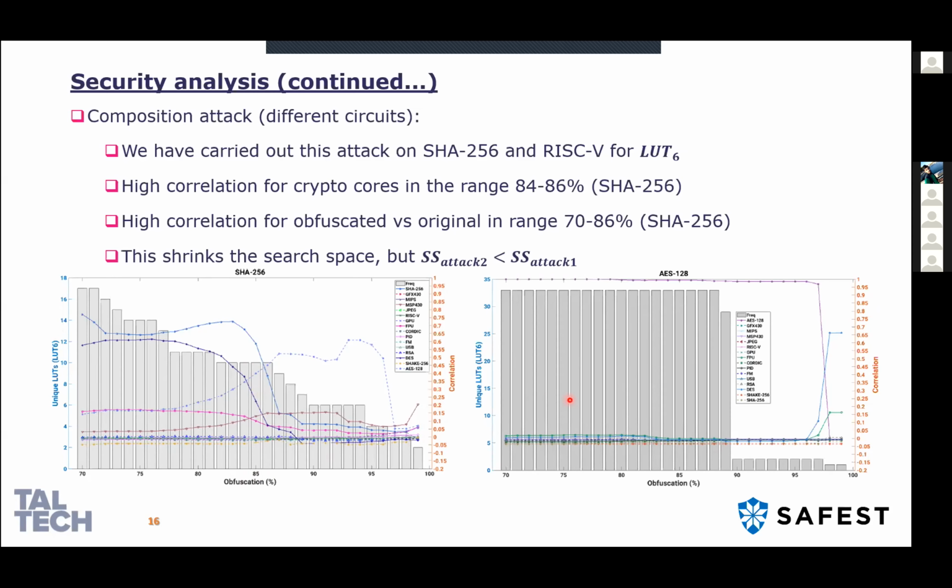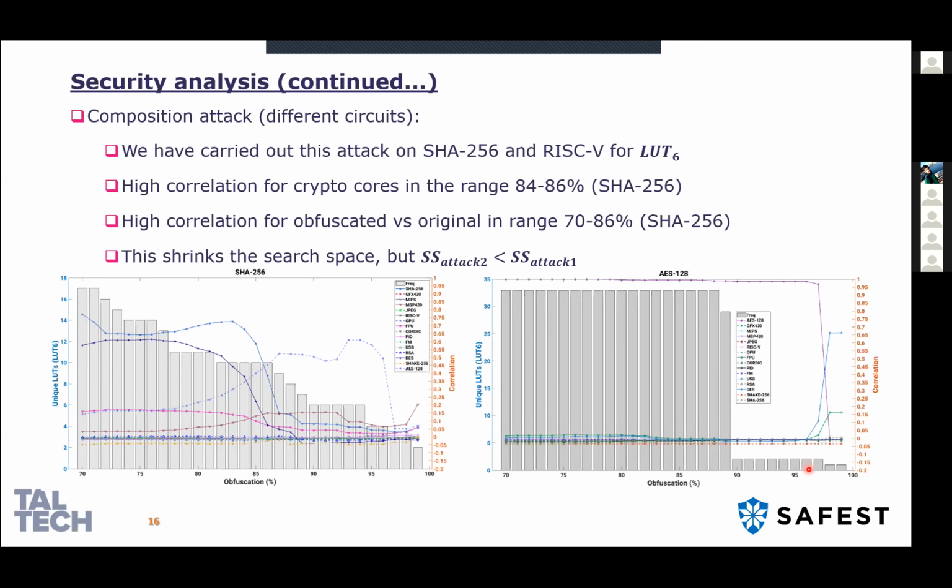On the other hand, there is an interesting result for the AES. This line shows the correlation between the obfuscated and non-obfuscated AES. We can see that if the design is obfuscated to 97%, then it still has a high correlation. Whenever we obfuscate the AES design greater than 97%, then there is no correlation. So the design is secure from the compositional attack.